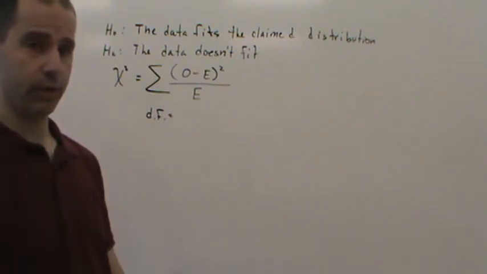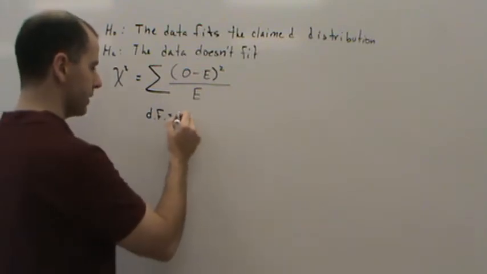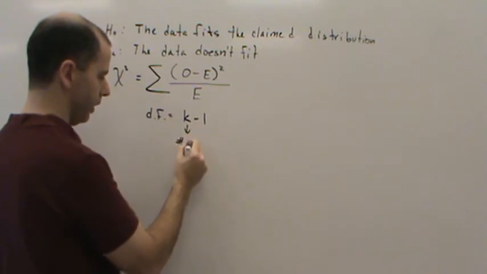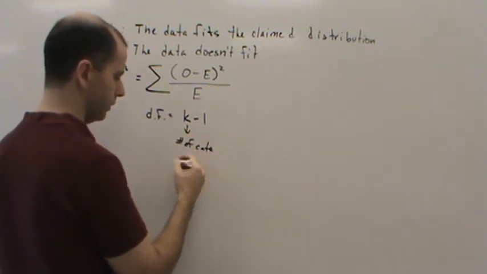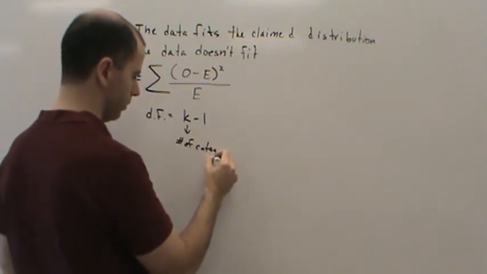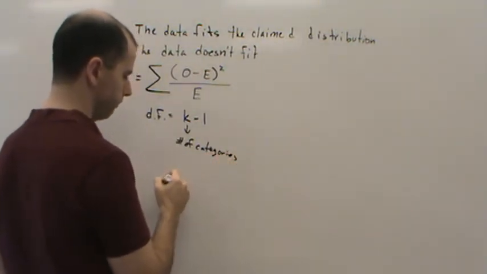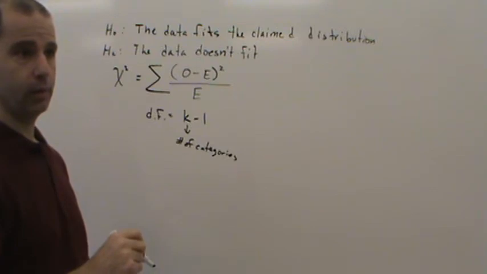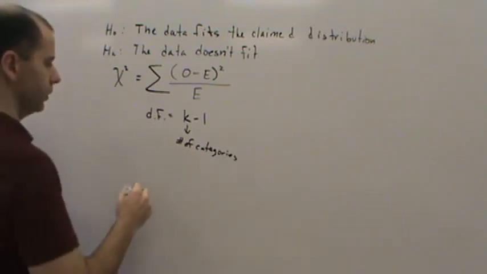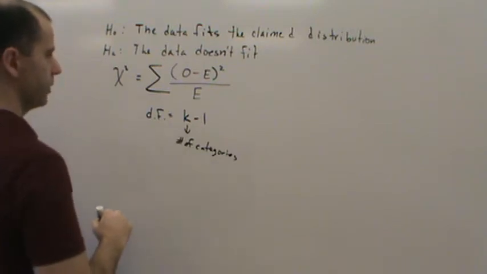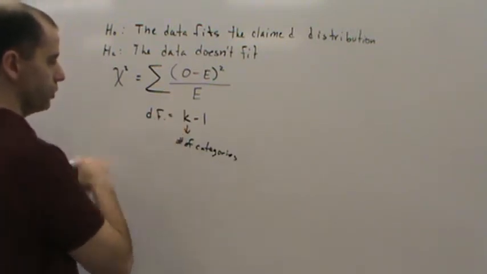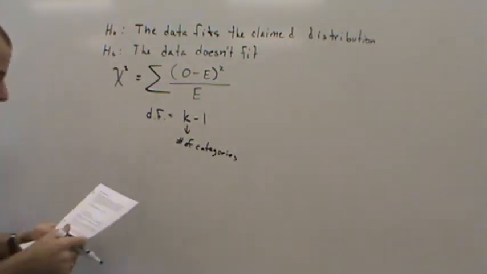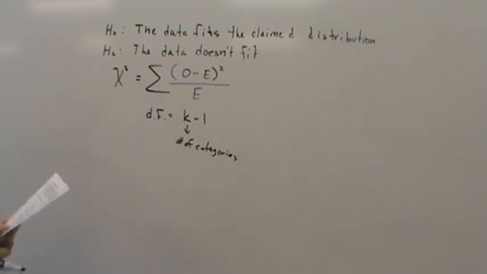It's the number of categories, which we denote as k, minus 1, where k is the number of outcomes, you could say. So the number of categories minus 1 is the degrees of freedom, and that's what we're going to use to test the hypotheses.